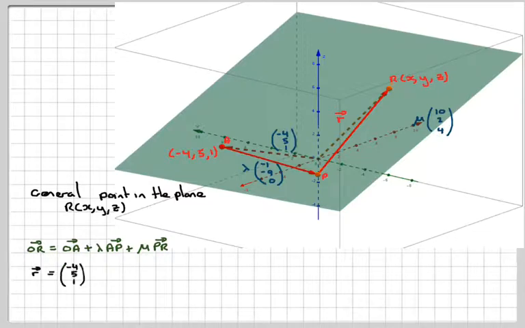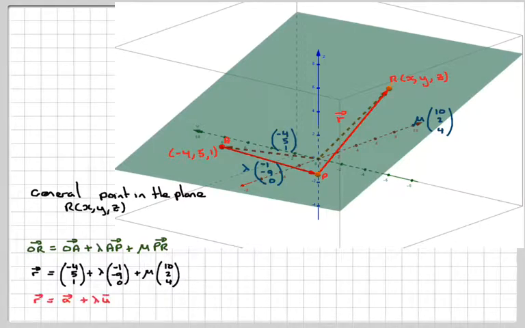In this case, R, which stands for x, y, z, will be the point minus 4, 5, 1, plus lambda times minus 1, 9, 0, plus mu times 10, 2, 4. Now it could be 5, 1, 2, for example. It doesn't really matter, it's not unique.